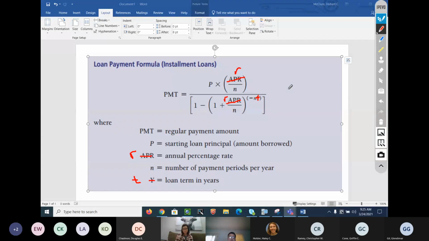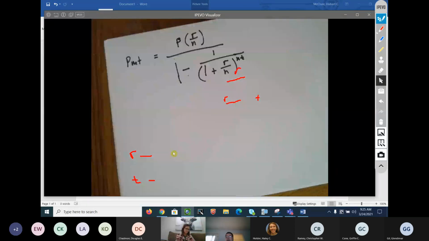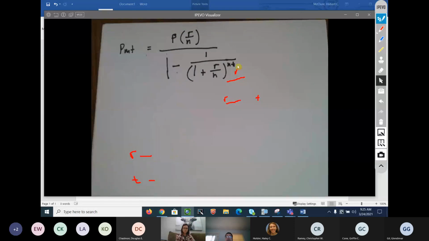And I'm going to show you that right now. There we go. That's the way I write it. And that's up to you if you want to write it that way. I just don't like the NT being negative. I just put a 1 over it and it made it positive.